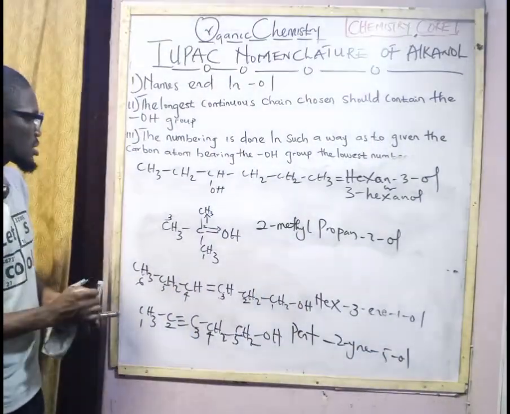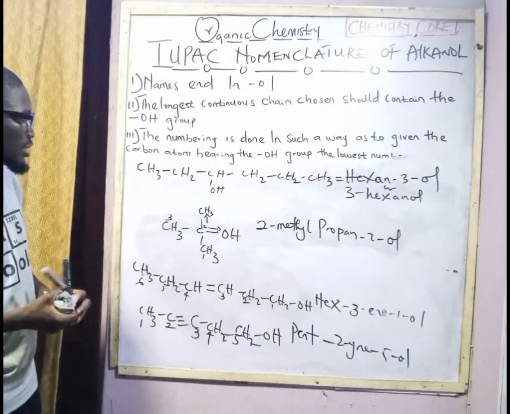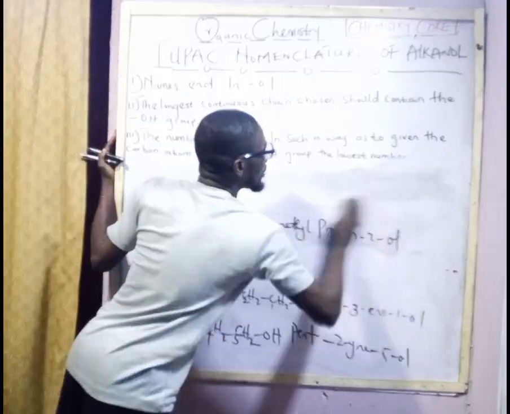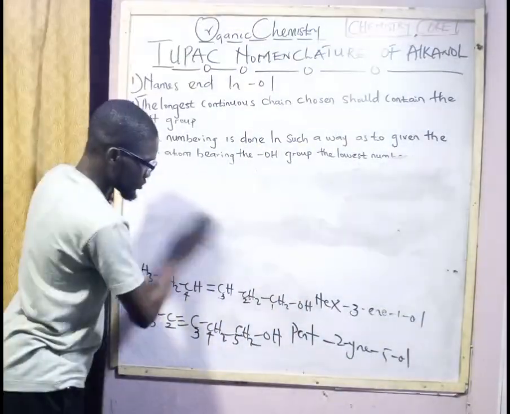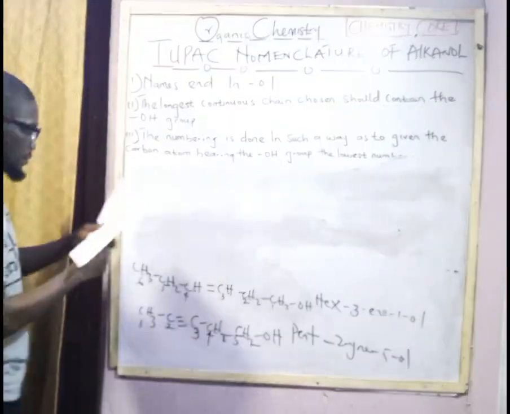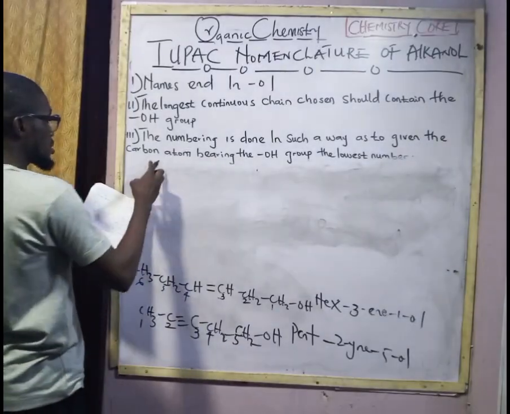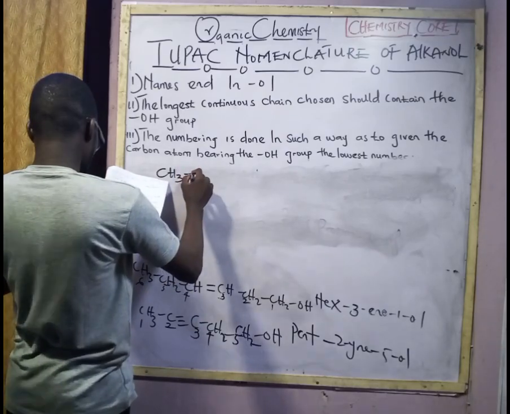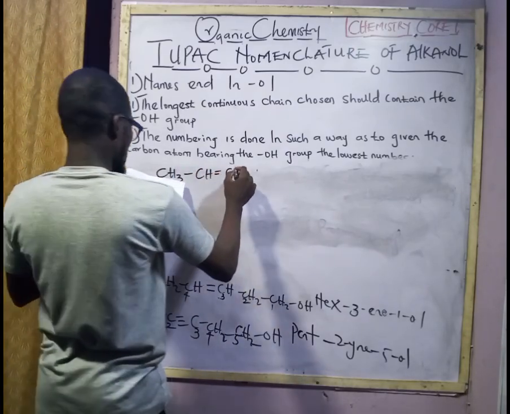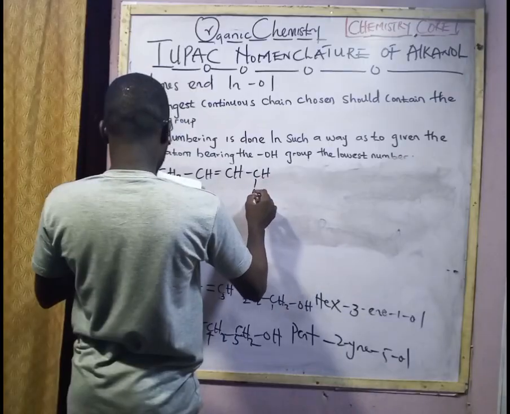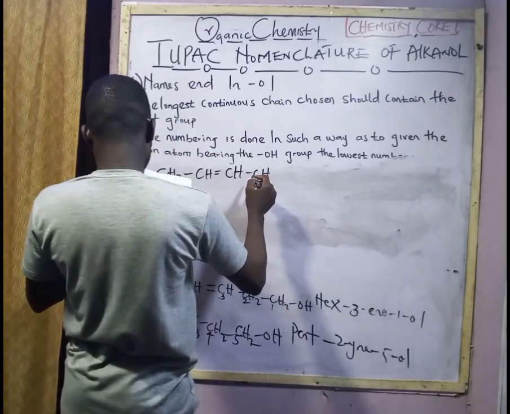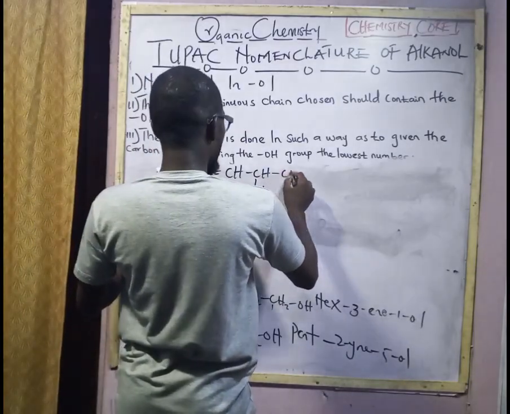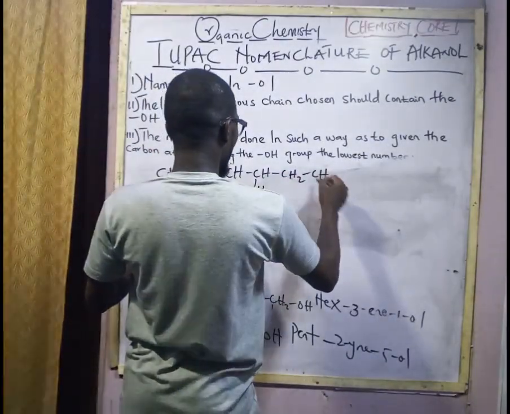So let's take a look at 3 more compounds before we continue. So guys, let's have 3 more compounds. So I have CH3, CH, CH, CHOH, and we have CH2, CH3.